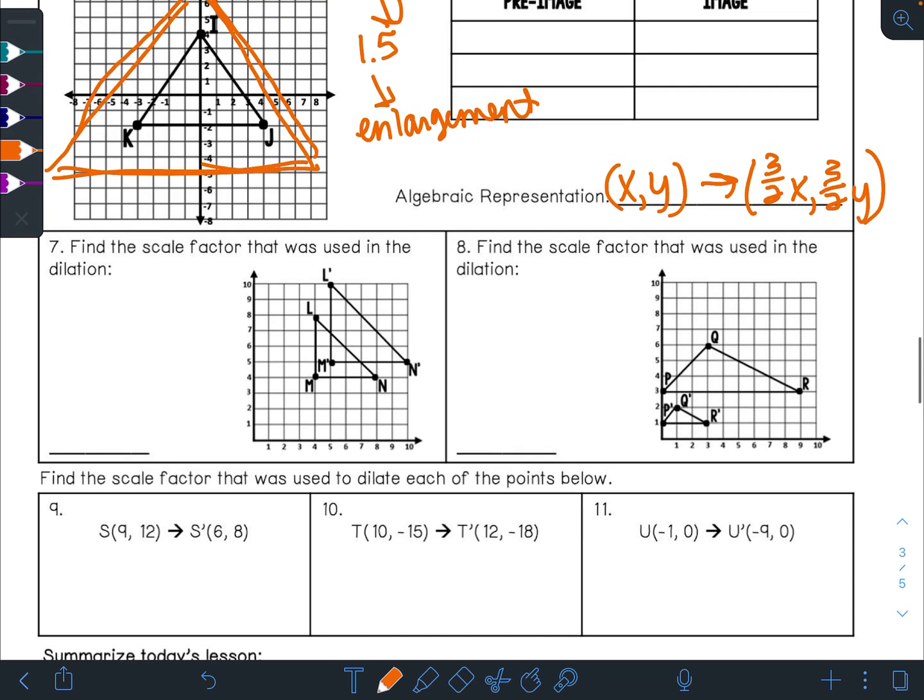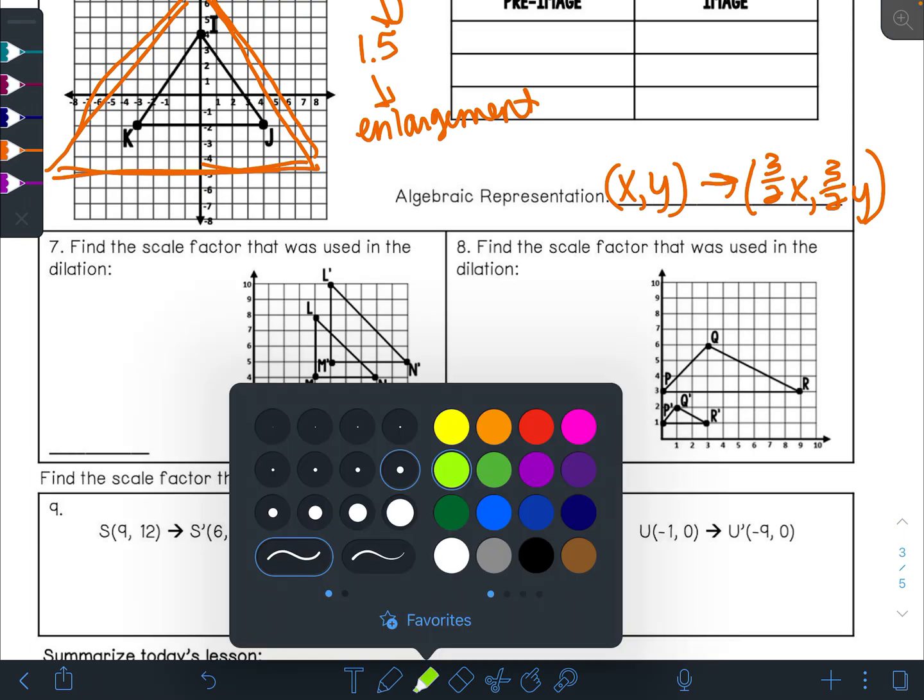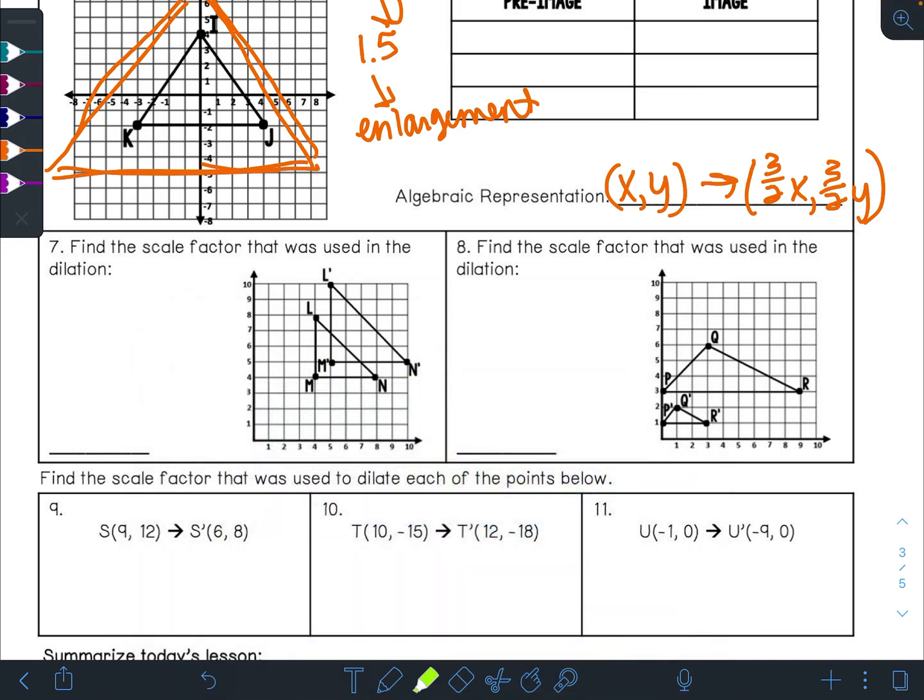Now, on here, sometimes they have you find the scale factor. To do that, there's a couple of different things you can do. You can count the side length. So if I count this side length here, I know that it is 1, 2, 3, 4, 5. So I'm going to do new over original. This is my new shape. This one's my original down here. So I counted 5 for my new.